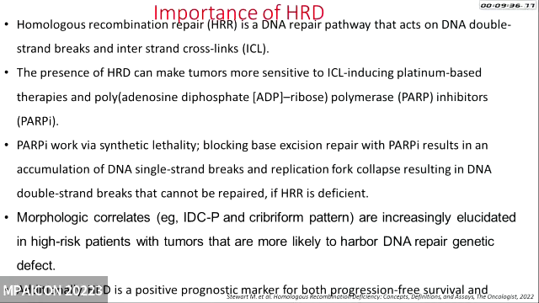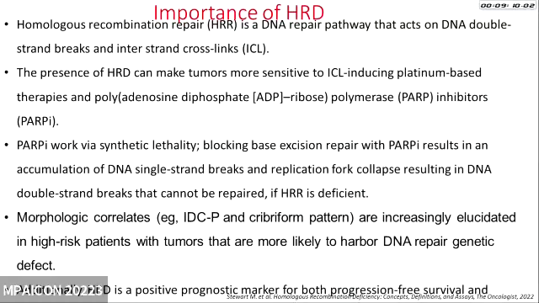And these breaks cannot be repaired if the tumor has HRD, that is homologous recombination deficiency. The repair genes are lacking. And for pathologists in the audience, what are the morphologic correlates for homologous recombination deficiency?